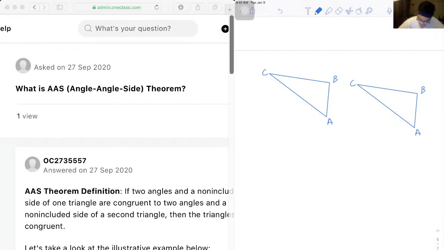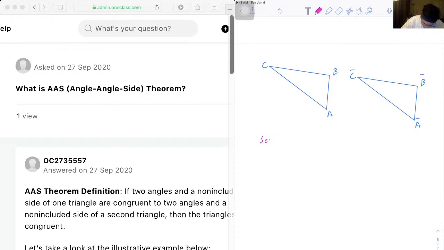Let's call this A bar, B bar, C bar. So in the figure above, segment AB and segment A bar B bar are non-included sides of the two triangles. So first, let's write that down.